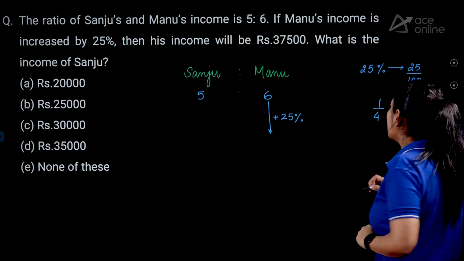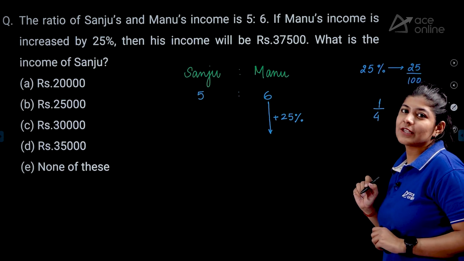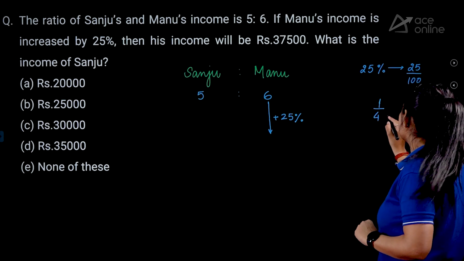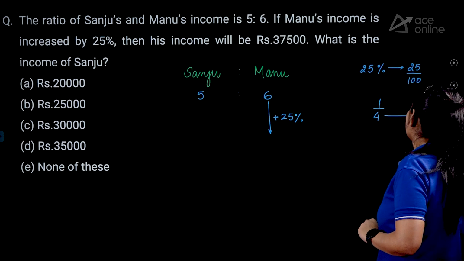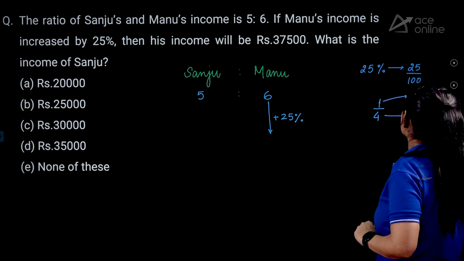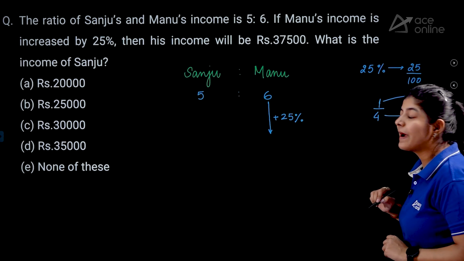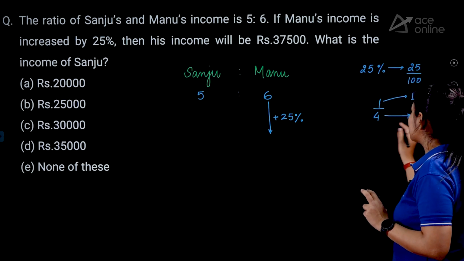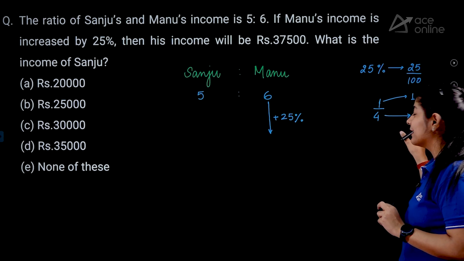Okay. Now, what does the question say? The income of Manu is actually 6 and it is increased by 1. So you can do one thing. First you have to find out on which multiplier this value is present.